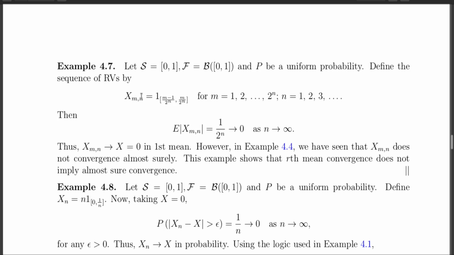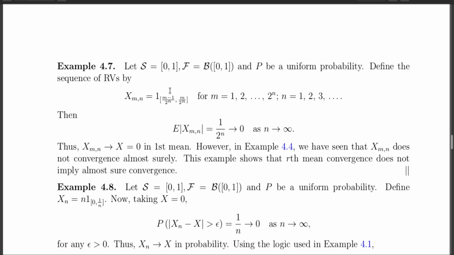So this example actually shows two counterexamples: that probability convergence does not imply almost sure convergence, as well as that rth mean convergence does not imply almost sure convergence.